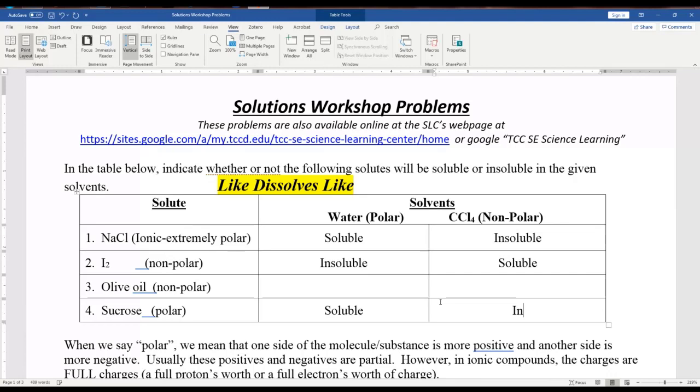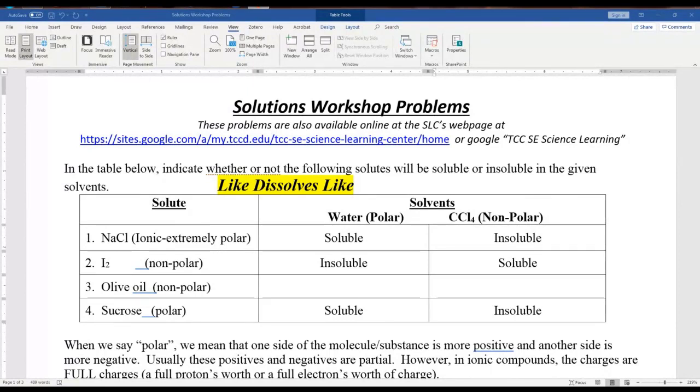Actually, it's going to be insoluble, because the sucrose is polar, but CCl4 is nonpolar, and therefore they are not alike. Like dissolves like. That's the principle of solubility. So if CCl4 is nonpolar, it will not break apart sucrose. The sucrose is a very polar molecule.